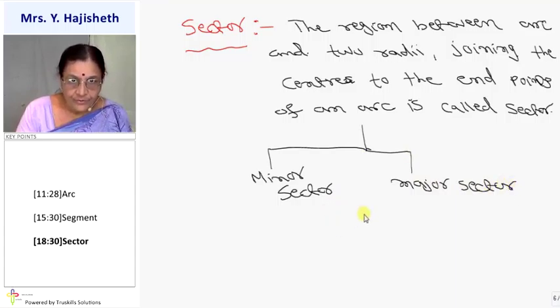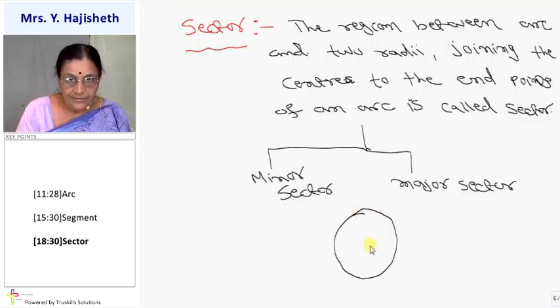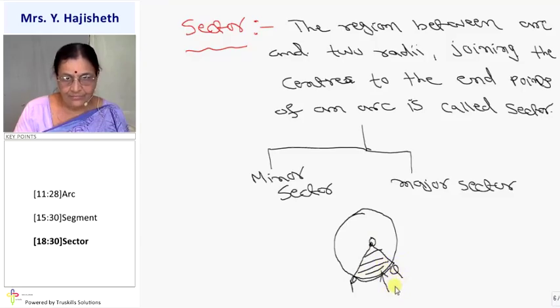Suppose I draw a big circle. This is the center O. Suppose PQ is an arc. The end points of the arc are joined with the center. The region between the arc and two radii is called a sector, but this is with a minor arc, so it is called the minor sector.